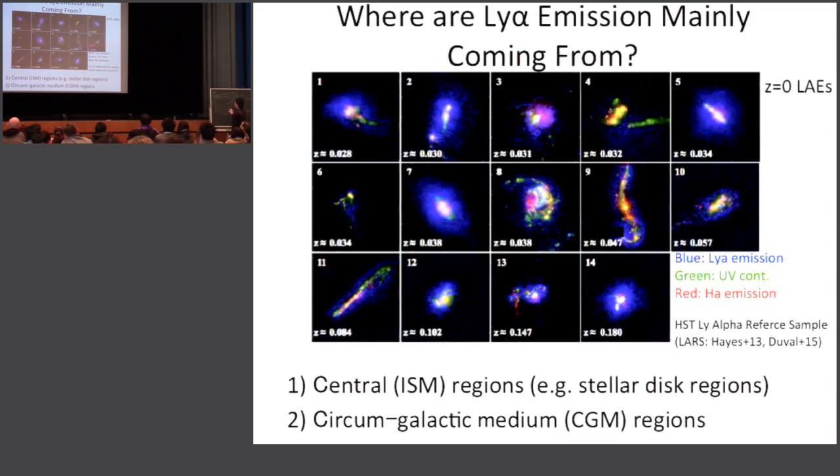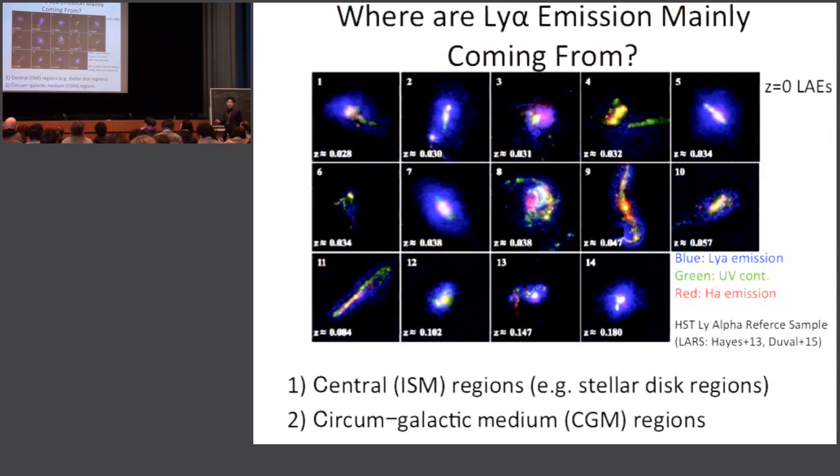And Lyman-alpha emission lines are shown with the blue colors here, and the others are continuum, and the red one is the H alpha. So as you can see, you have blobby structure of the Lyman-alpha, but with no stars here. And even around the center, you see some blue components together with the stellar components.